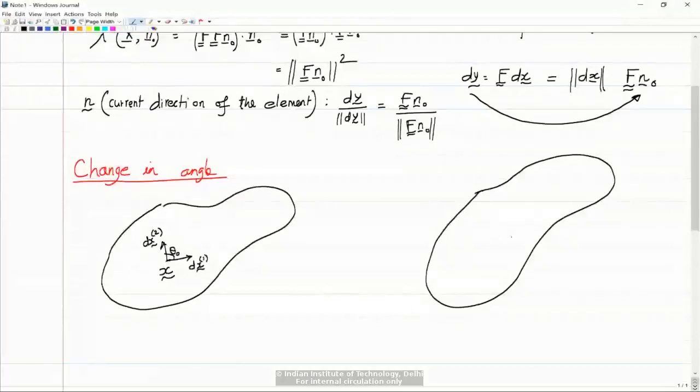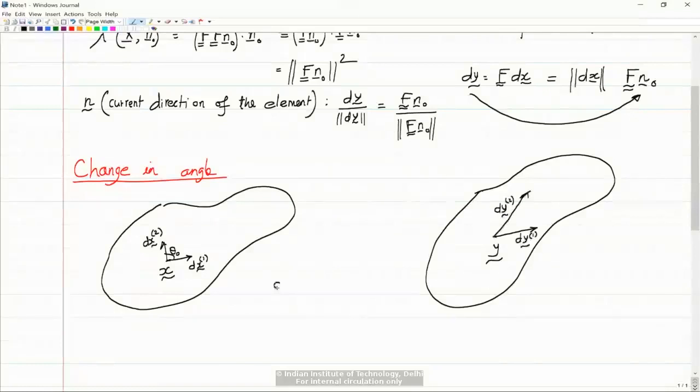So finally x goes to y, and the two infinitesimal line elements, that's why I'm denoting them by d and not by delta, may have become like this. This is, of course, a zoomed view, dy1 and dy2.